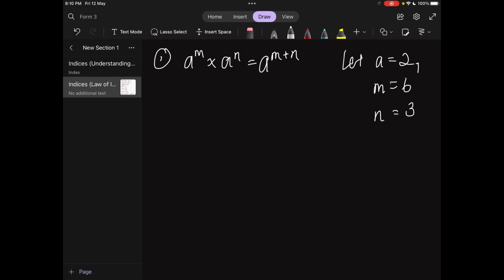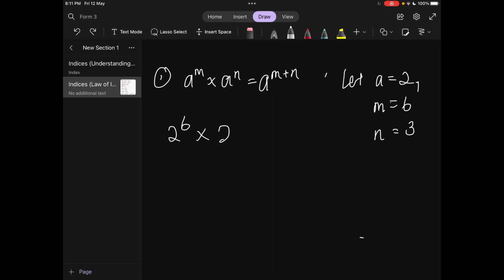Alright, that seems good. So if we substitute those numbers into this equation, we're going to have 2 to the power of 6 times 2 to the power of 3 equal to 2 to the power of 6 plus 3.